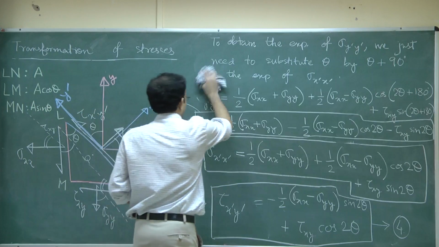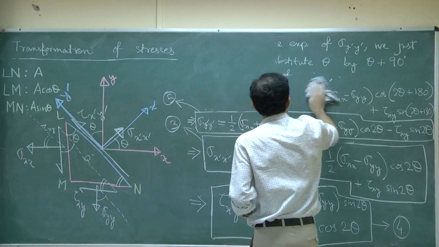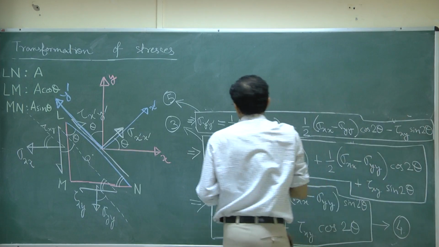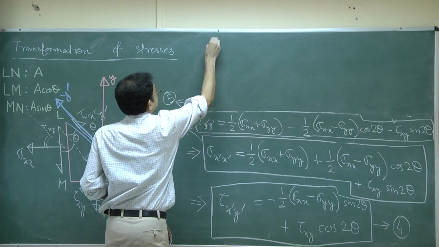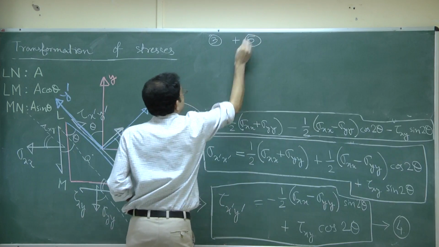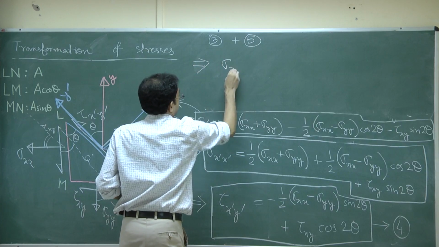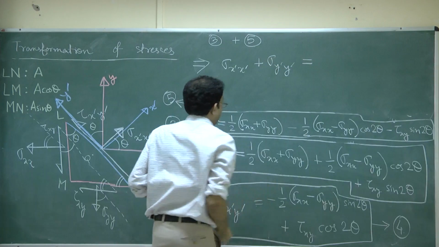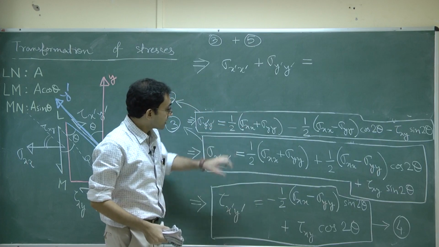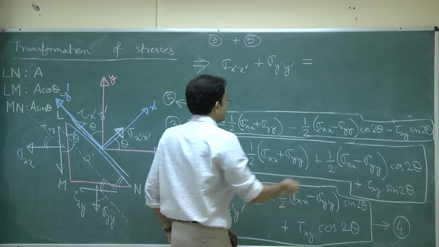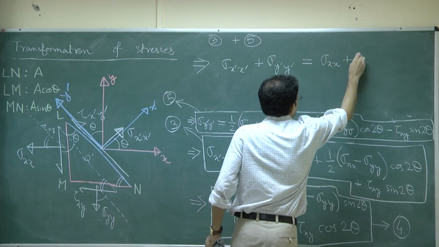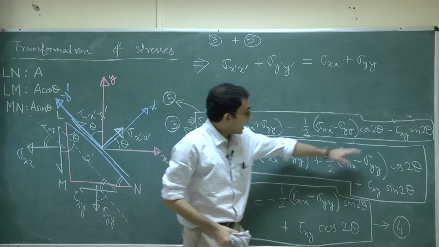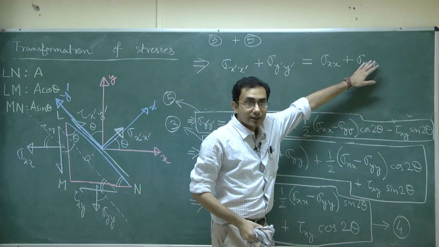So you see this is a half of sigma xx plus sigma yy, and this is a half sigma xx plus sigma yy. That gives me sigma xx plus sigma yy, and this minus cancels with this plus, and this minus cancels with this plus. So that is basically the end there.